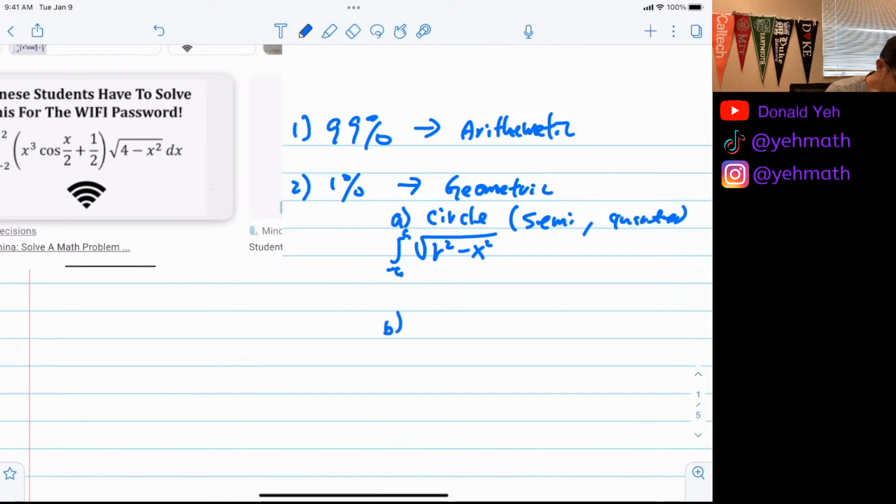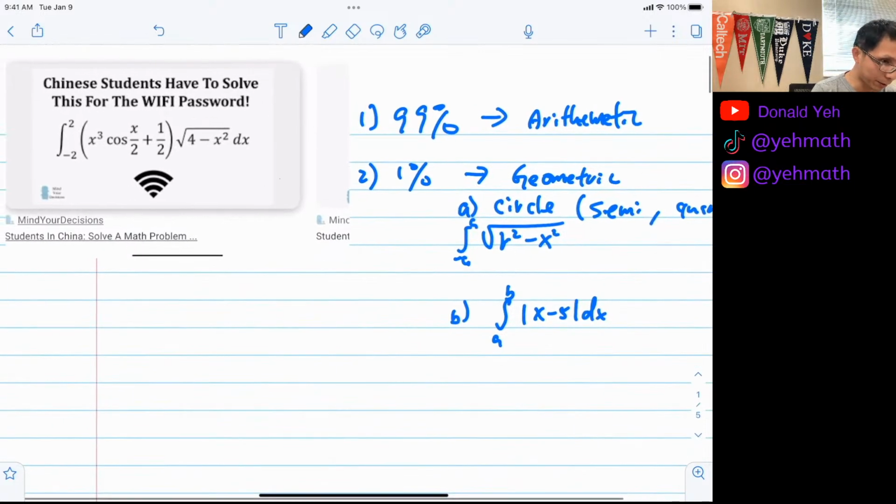The second situation is probably the absolute value of something like x minus 5 dx between, say, a to b. These are the two situations I will use geometric, which is what we spent most of the time on yesterday. Today we're only gonna spend some time on this particular problem.